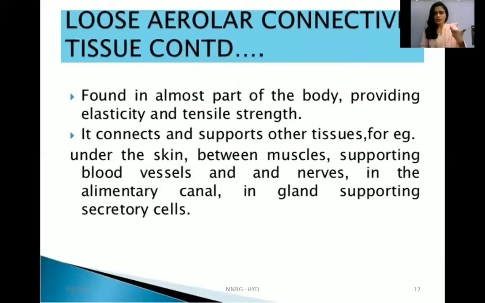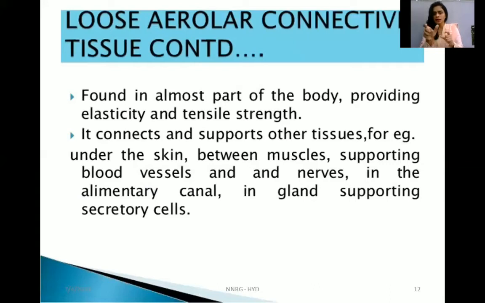They help in connecting and supporting the tissues, because they are present just below the skin, in between the muscles, and attached to the blood vessels. So they support the blood vessels and the nerves, and they are also in the alimentary canal and in the glands.